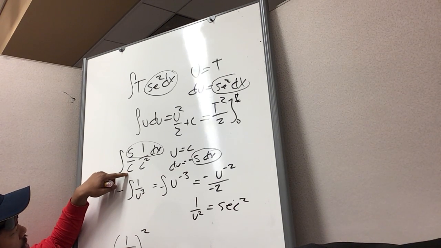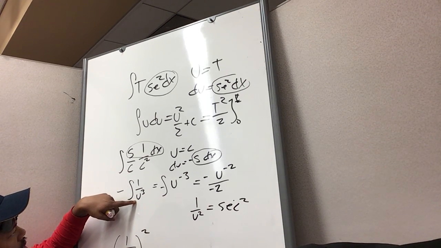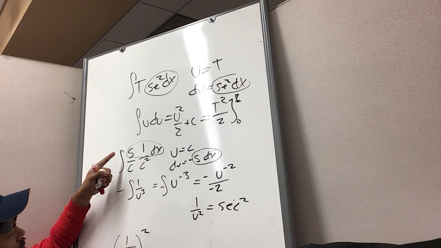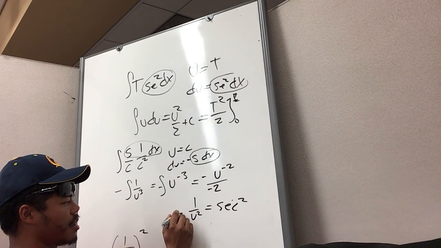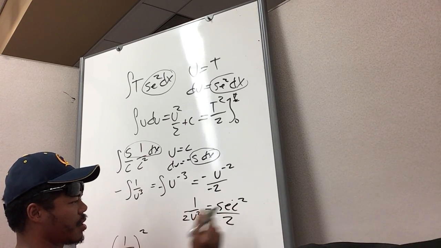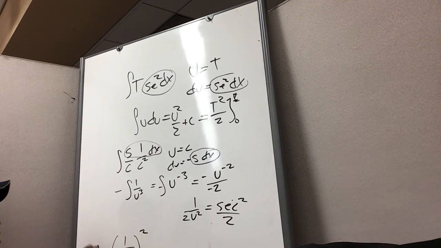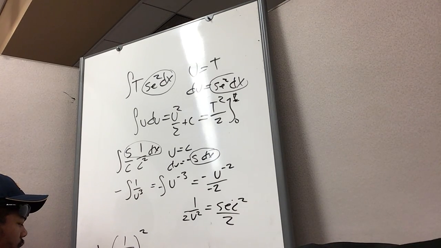Cosine to the third, u equals cosine, du equals negative sine. I missed a half. Okay, so 1 over 2. Flip this: 4 over 2, divided by 2, still equals 1.